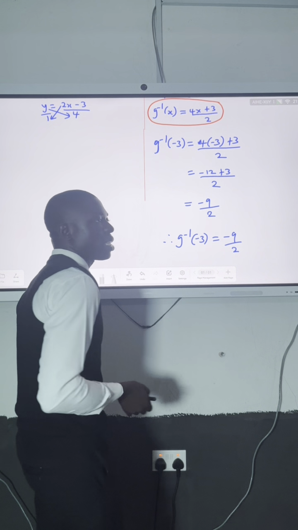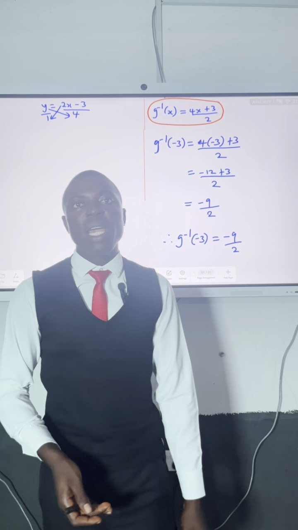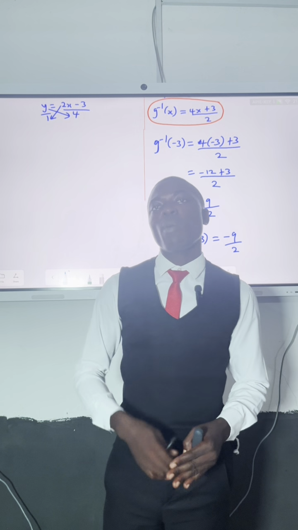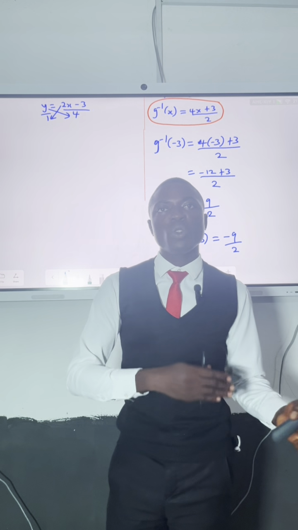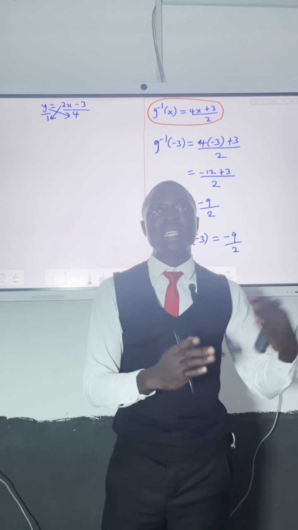So this is how we answer questions on the inverse of a function. Whatever they call it, h of x, g of x, f of x, no problem. Call it y, manipulate and make x the subject. Once you achieve that, replace y with your x and write g inverse at the left hand side.